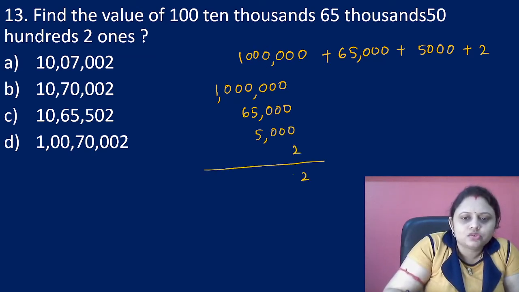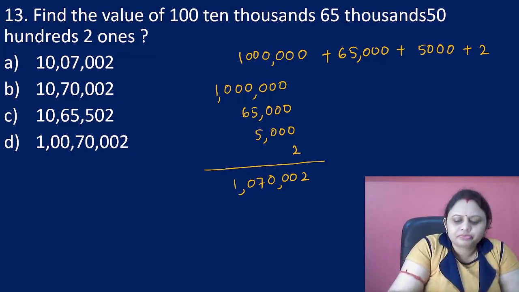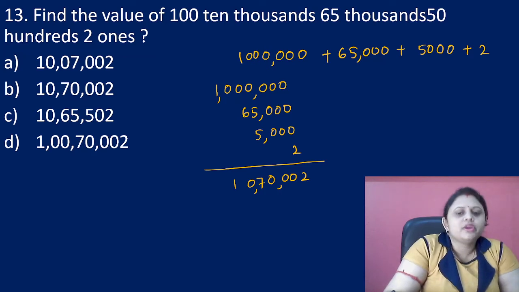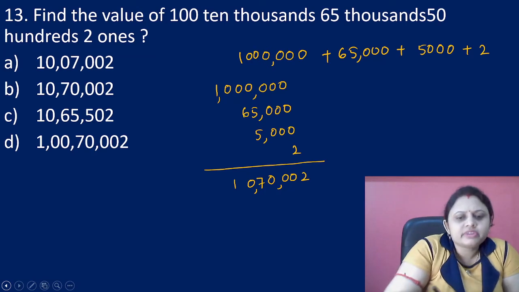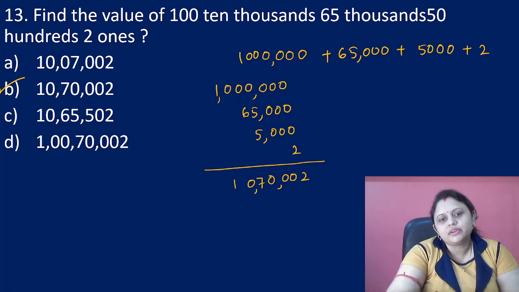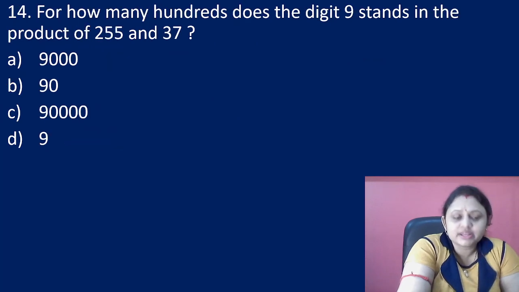If we add it, we get 10,70,002. Here the comma is to be put according to our Indian system. So 10 comma 70 comma 002 is present in option B. Okay बच्चों, got it? Easy question है, interesting. Let's move to the next question.